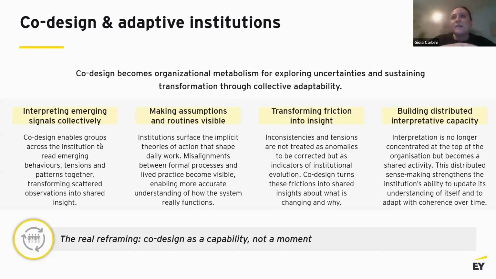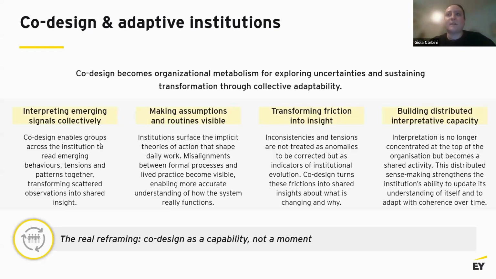So what makes an institution learning-oriented is the ability to turn the signals that we see into shared insights and not make them just isolated observations. So to translate what we see into something that is a true data-driven repository. So co-design truly supports us because it provides the infrastructure for this type of learning.